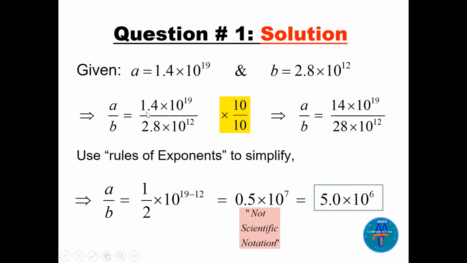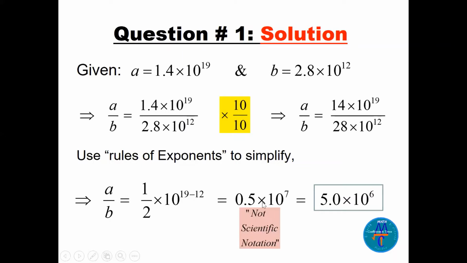Let's multiply by 10 up and down to use these integer numbers: 14 over 28. When you cancel 14 and 28, you get 2 down. Now let's use the rules of exponents. If we have the same base, 10 and 10, 19 minus 12, you just subtract. So this is 1 over 2, 0.5 times 10 to the power 7.